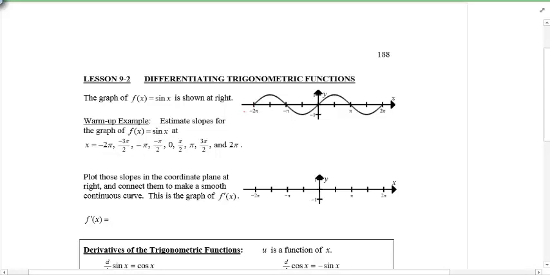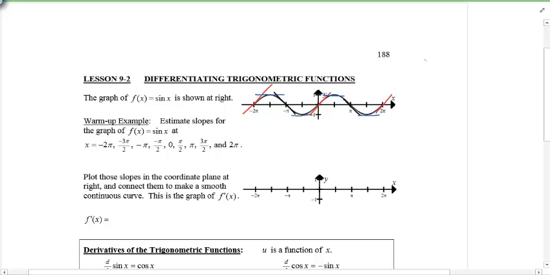Specifically at negative 2 pi, at negative 3 pi over 2, at negative pi, at negative pi over 2, at 0, at pi over 2, at pi, at 3 pi over 2, and finally at 2 pi.